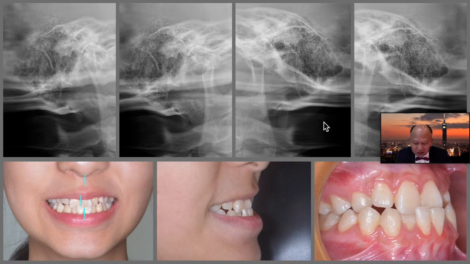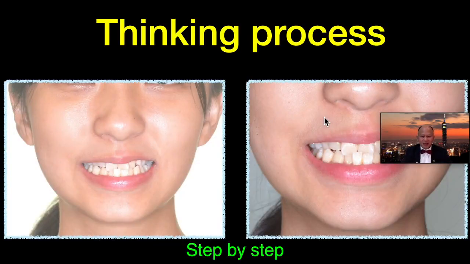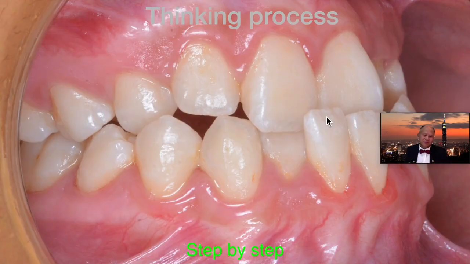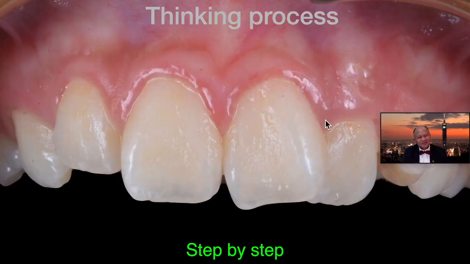Asia has a lot of anterior crossbite, class 3. And in my office, we have a lot of impaction. I don't know why, maybe I have too many friends. They just want to send those difficult impactions to my office to make me suffer, maybe. I don't know. But anyway, they are my friends.